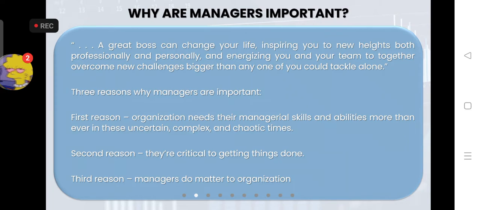And the second reason: they're critical to getting things done. For instance, in our chapter opening story, Lisa wasn't the person greeting and seating customers, taking their orders, booking their meals, or preparing a table for another customer. But she was the person who creates and coordinates the workplace systems and conditions so that others can perform those tasks.